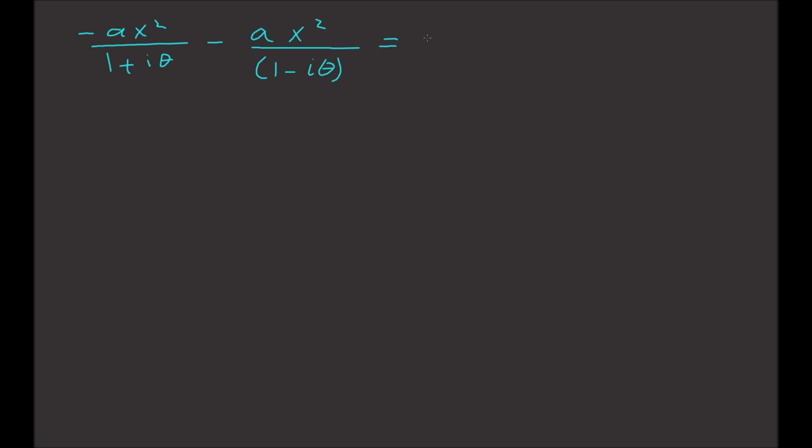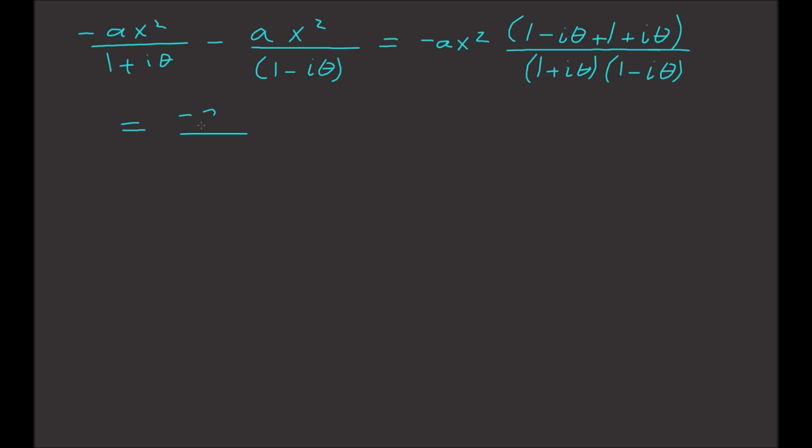This can be written as minus a x squared times 1 minus i theta plus 1 plus i theta, divided by 1 plus i theta times 1 minus i theta, which can be written as minus 2 a x squared divided by 1 plus theta squared.